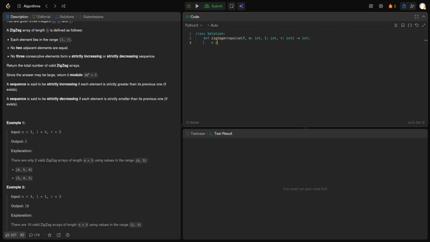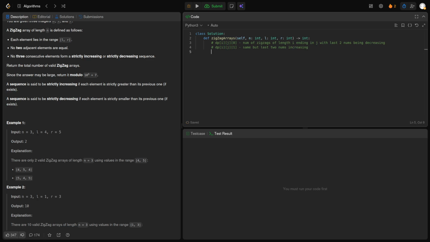So we'll have some sort of a dp. dp[i][j][0] is the number of zigzags of length i ending in j with the last two numbers decreasing, and dp[i][j][1] is the same but with the last two numbers increasing.